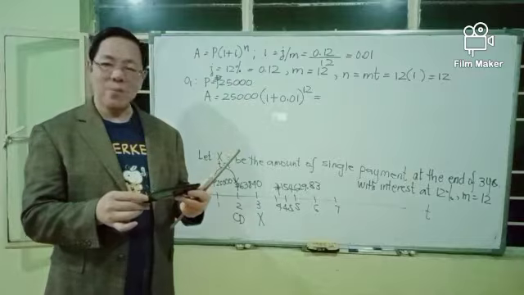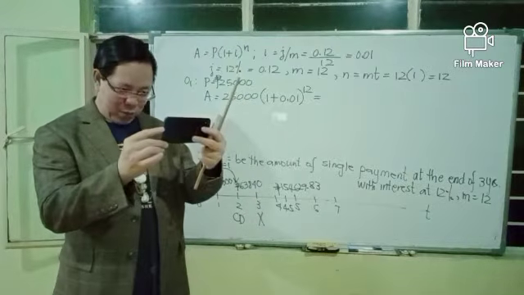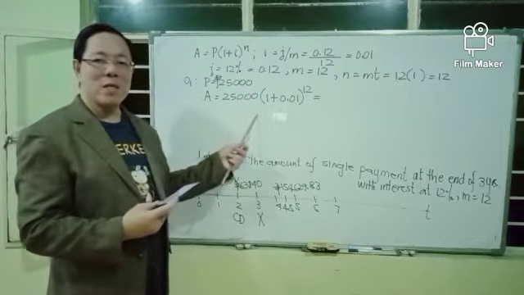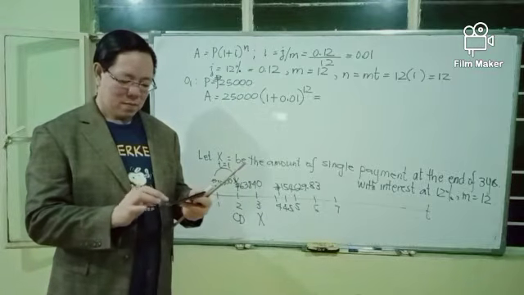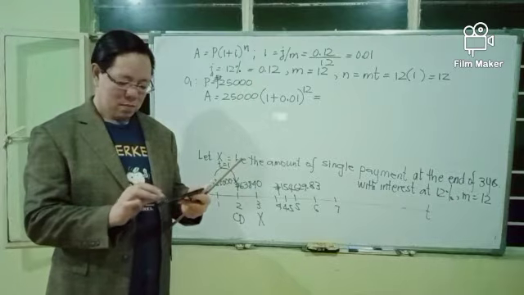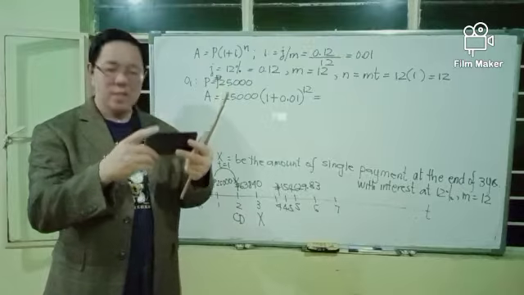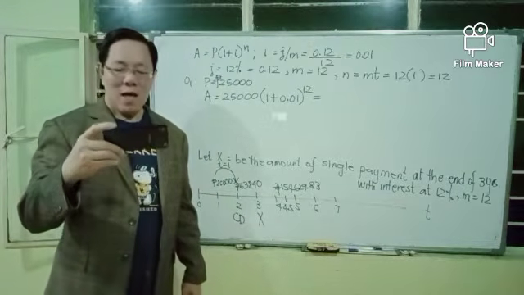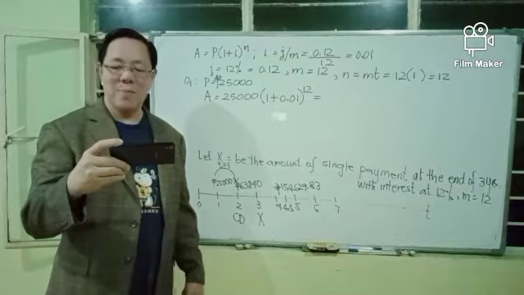And you should get 1.12682503013, and that answer multiplied by 25,000 pesos. And this is now the final answer, so we round it off to 2 decimal places, and you should get 28,170.63 pesos.